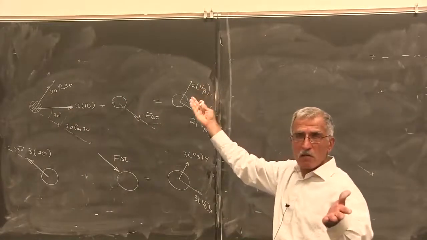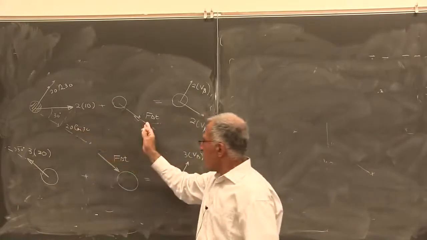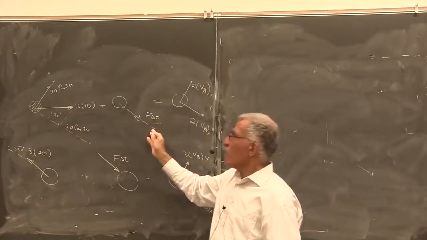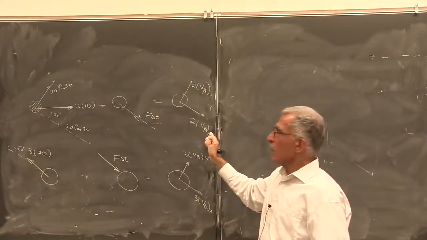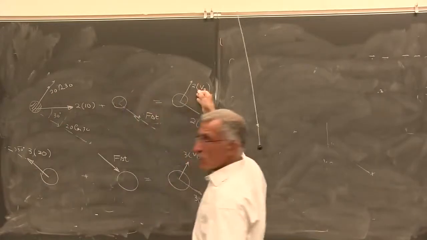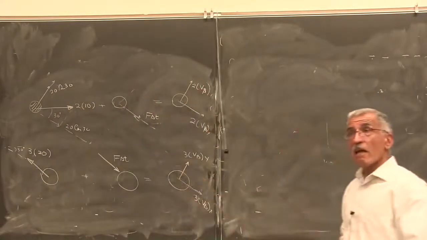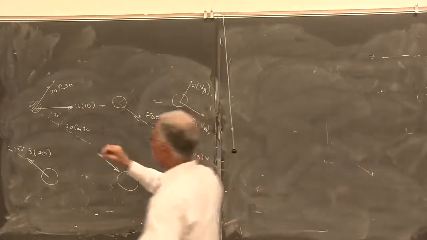So you can say 20 cosine 30 minus F delta t must be equal to 2VAx. You can see VBy stays the same, which is 10 meters per second.